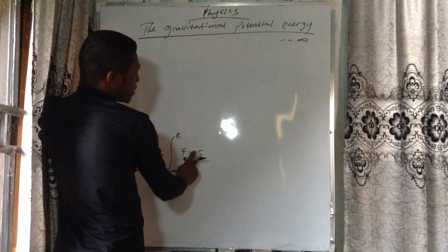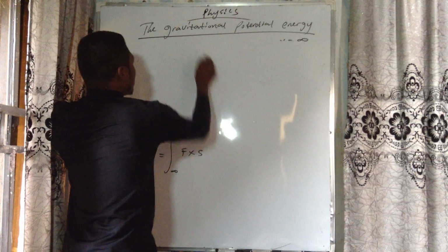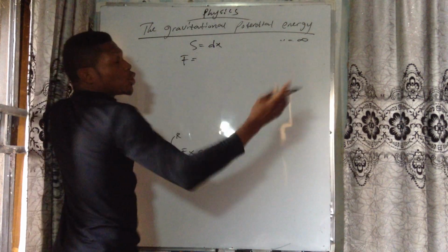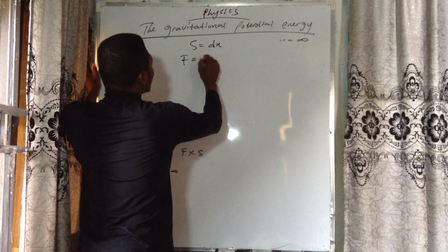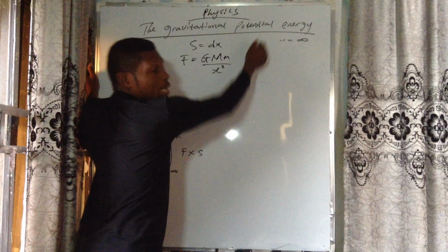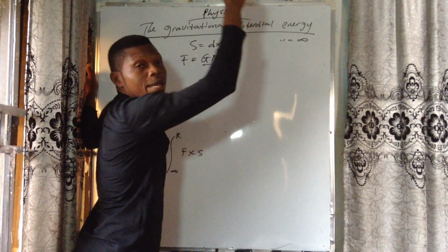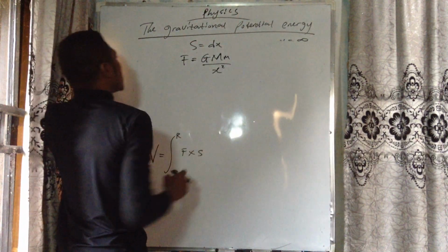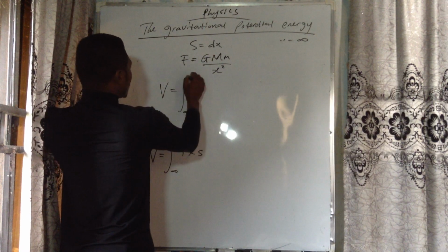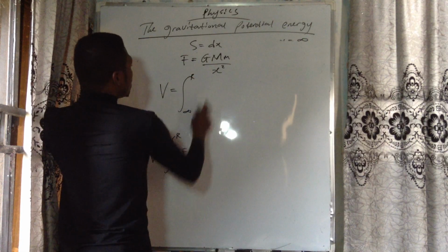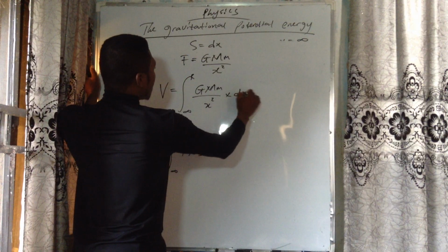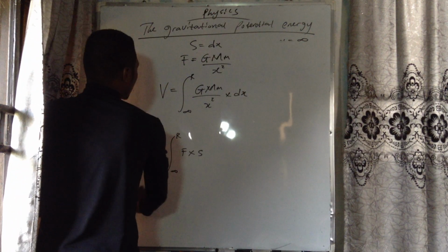Remember, this distance is x, and the force is the gravitational force, which is GMm over x squared, where x is the distance I drew from the center to infinity. So V is equal to the integral from infinity to r of GMm over x squared times dx.